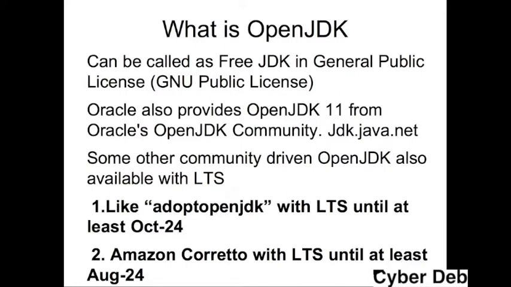And also you can consider Amazon Corretto, that is another OpenJDK with LTS, meaning long term support. Both Adopt OpenJDK and Amazon Corretto are going to provide support at least till 2024.